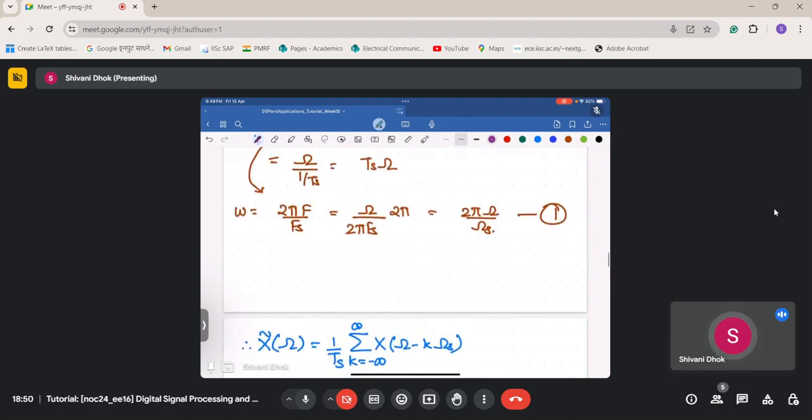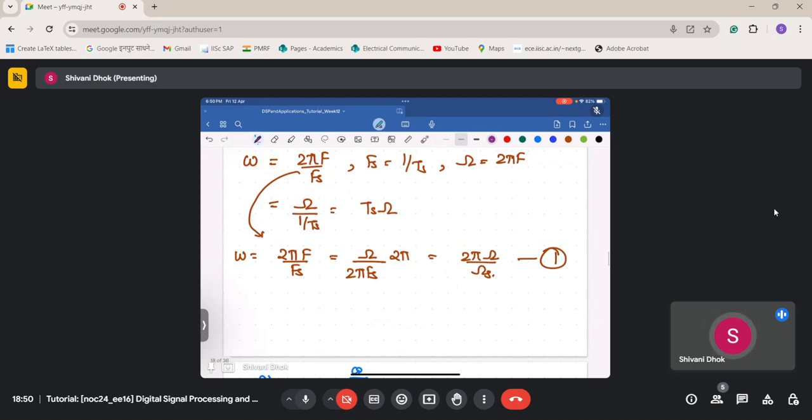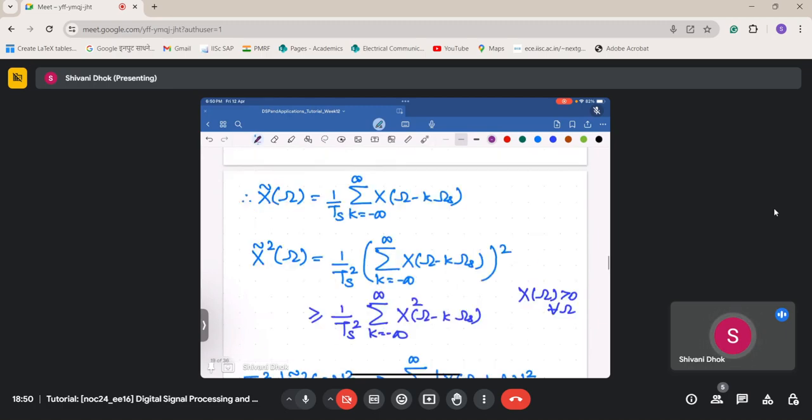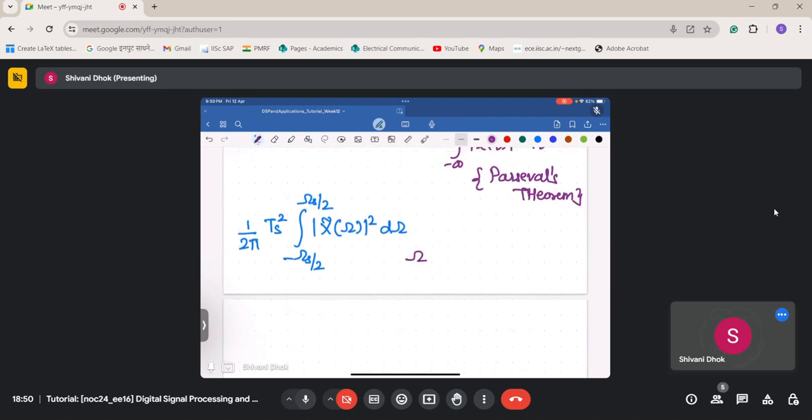Now we'll replace this capital Omega as small omega by Ts, so we'll substitute Omega as omega by Ts. So d Omega will be equal to d small omega by Ts.